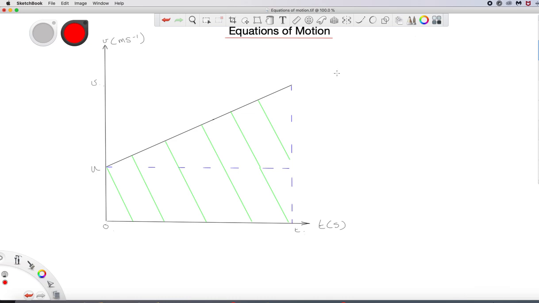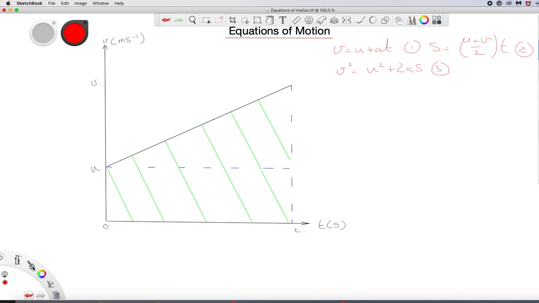Finally then, let's derive our fourth equation. So we had v equals u plus at, we called that 1, we had s equals u plus v over 2 times t, we called that 2, we had v squared equals u squared plus 2as, and we called that 3.